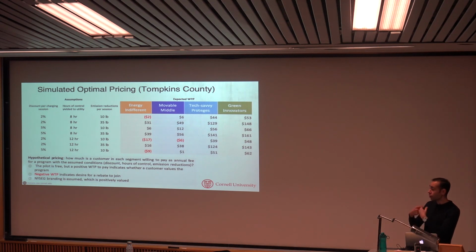Not only would they join, they would also pay an annual fee for joining. The energy indifferent, given those three characteristics, 2%, 8 hours, and 10 pounds of CO2, have a negative total willingness to pay, and that means that they would not join the program.